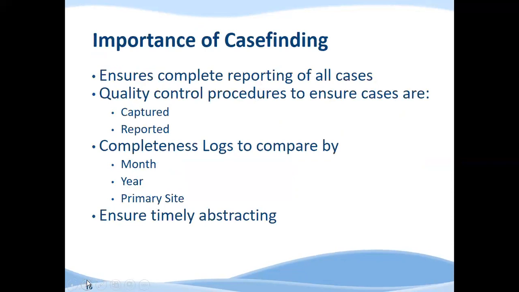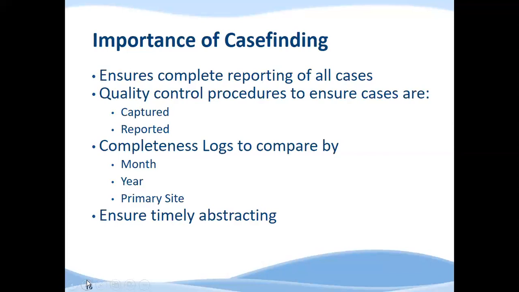Now, the importance of case finding is to ensure complete reporting to both the state and to NCDB if you're COC accredited. Quality control procedures should be implemented to guarantee all cases are captured and reported. Completeness logs can be utilized to monitor the number of cases found.